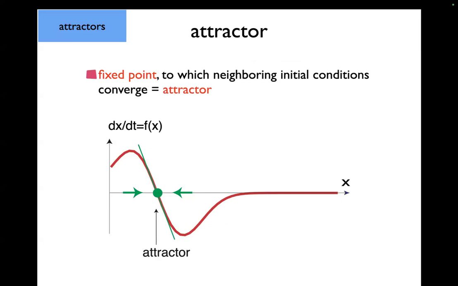So let's make this concrete for this very simple example. Remember, this is the nonlinear dynamical system, this red line that we discussed earlier. And now I'm looking at the intersection here with the x-axis, where the rate of change is 0. This is sometimes called a fixed point. So a fixed point means it's a solution of f of x equals 0.